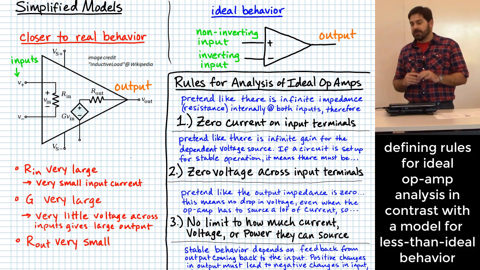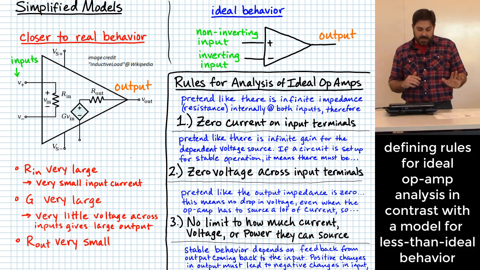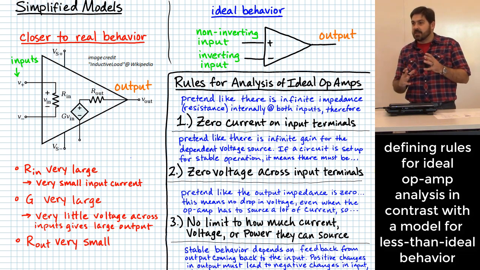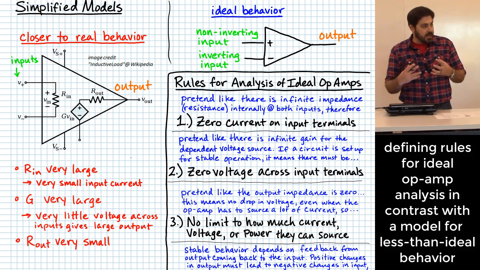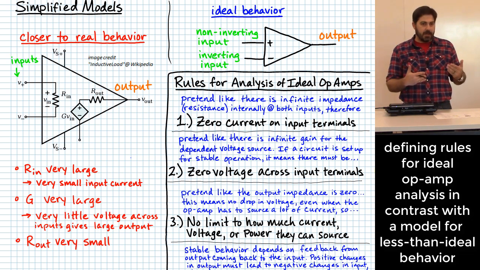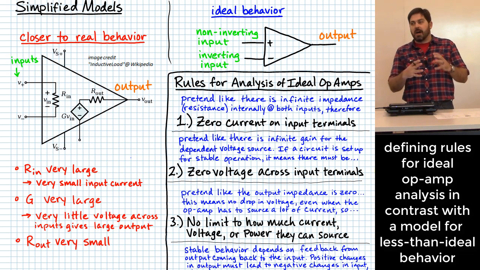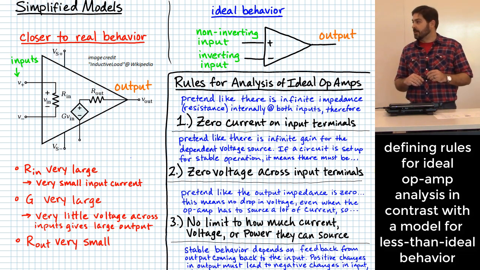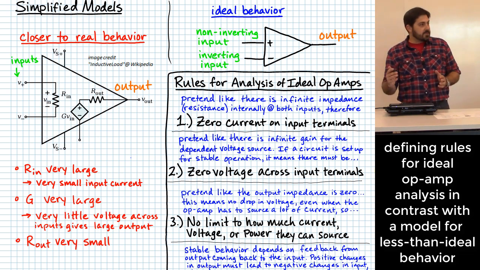Okay? So the one that's on the left is a relatively common style of model that tries to take into consideration some of the practical considerations that would have to happen in a real op-amp, that would try to model its behavior that would be less than ideal. Okay? So that's what's on the left. And on the right is the picture that we normally use to talk about op-amps.